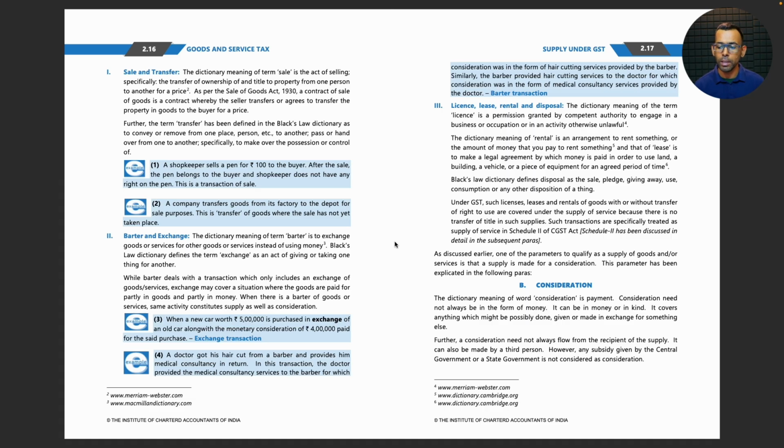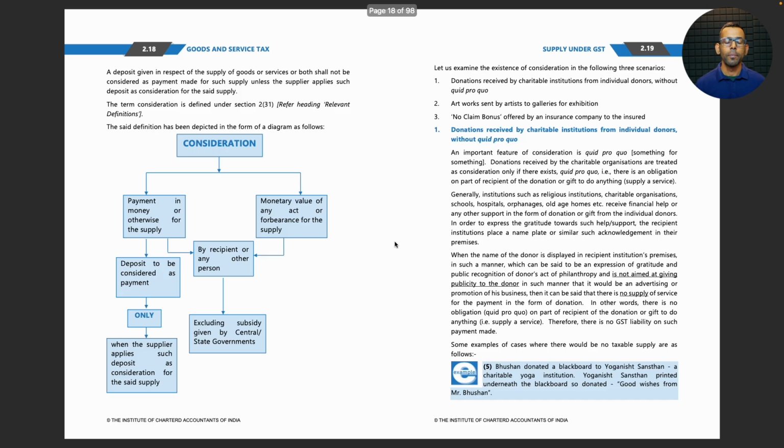However, any subsidy given by the central government or a state government is not considered as consideration. A deposit given in respect of the supply of goods or services or both shall not be considered as payment made for such supply unless the supplier applies such deposit as consideration of the said supply.